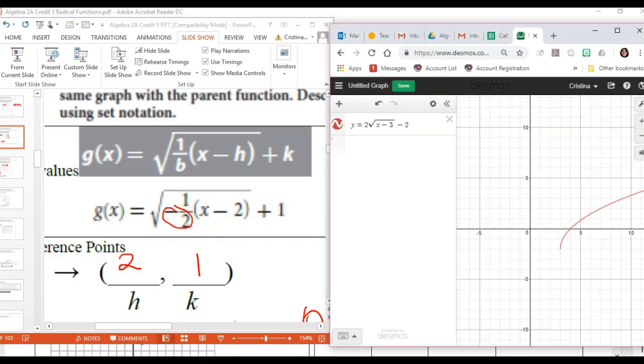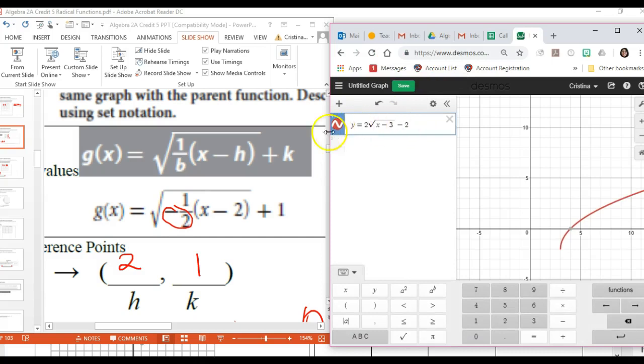So I'm going to again open up Desmos. Again, you can type in that web address. And I'm not going to use g of x, I'm going to use y. I'm going to write in square root 1 divided by -2, parentheses x minus 2, parentheses.